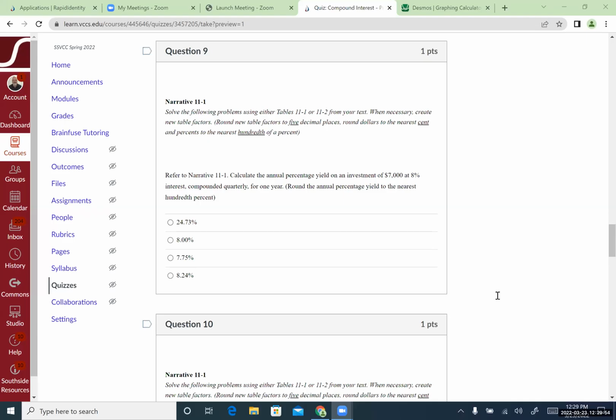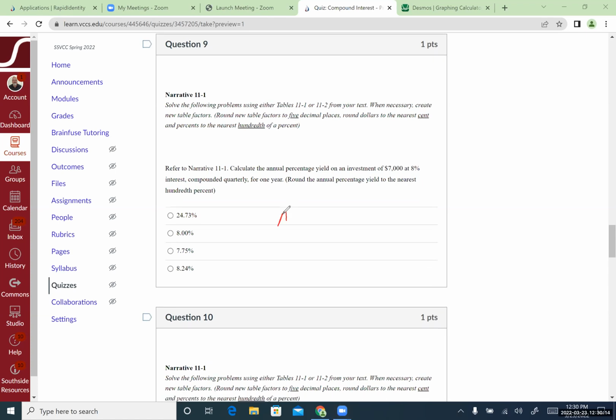All right, calculate $7,000 at 8% interest compounded quarterly for 1 year. Okay. My annual percentage yield is 1 plus the rate, which is 8%, divided by the number of periods per year. It's compounded quarterly, so that's 4 times per year.